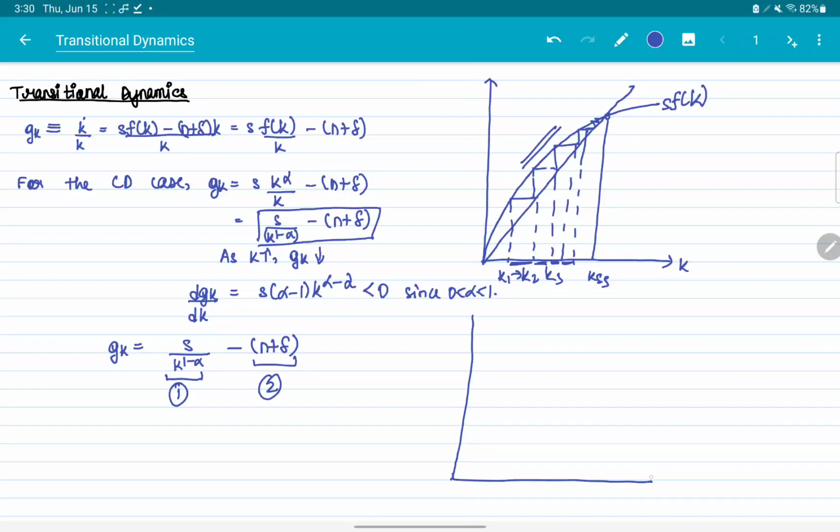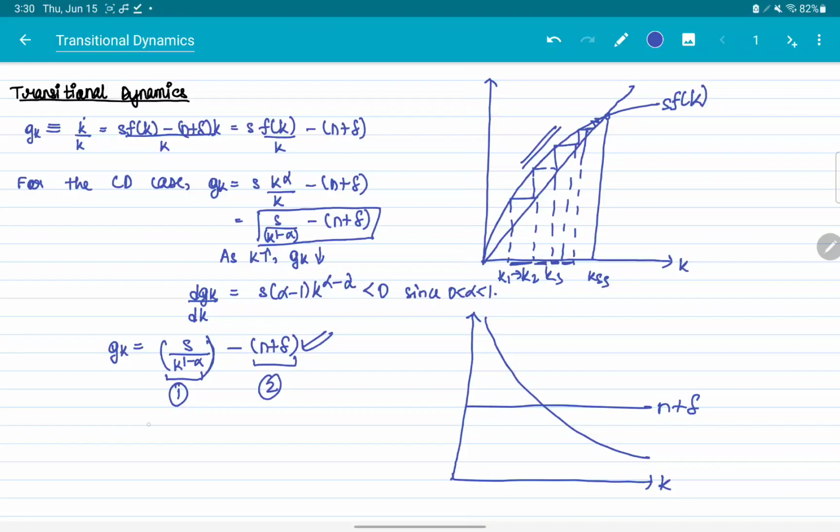As a function of k, this is of course a horizontal line. So this is just n plus delta, the horizontal line. This is component 1. What does component 2 look like? It looks like this.